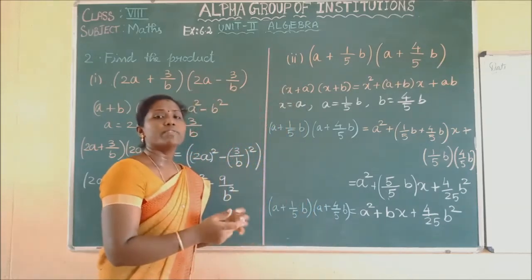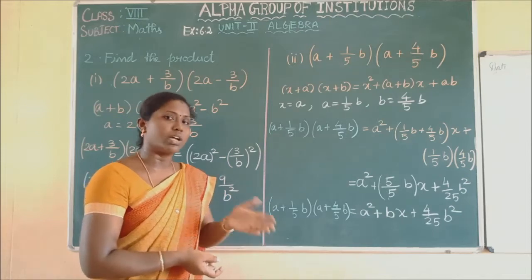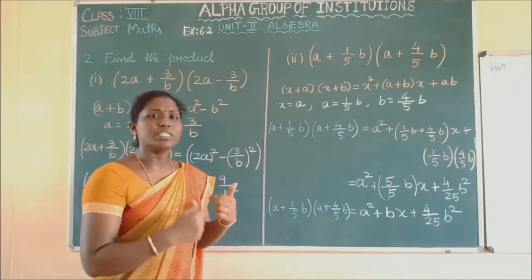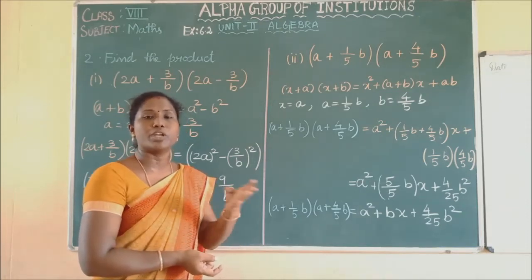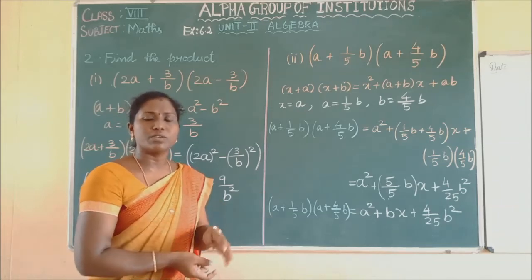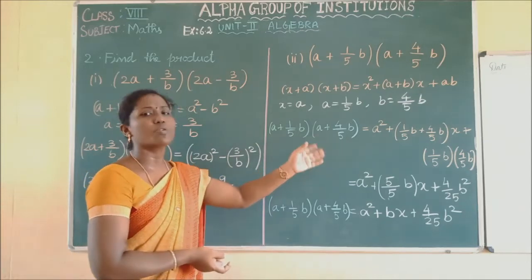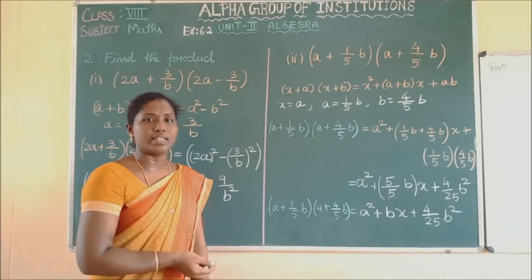Okay, so whatever question is given, use the identity whether they mention it or not. First see the question clearly. If it is possible to use the identity, only 4 main identities I will explain to you. We are using those 4 identities only here. So compare the question with one of the 4 identities. If one of the identities is suitable, without multiplying, you can expand using that identity and you can get the answer.